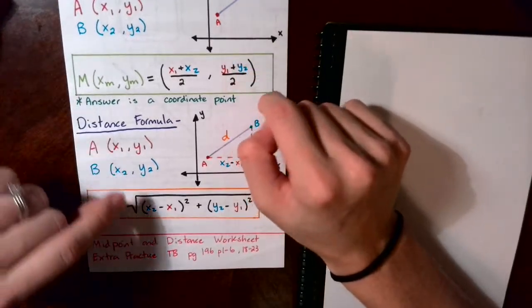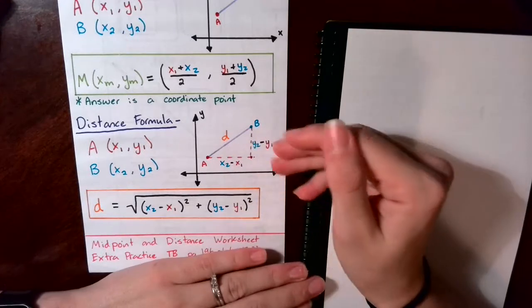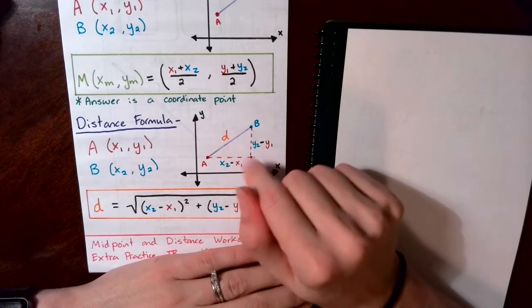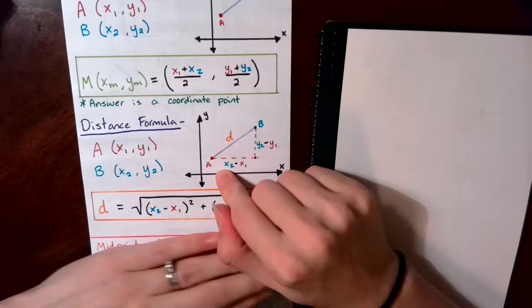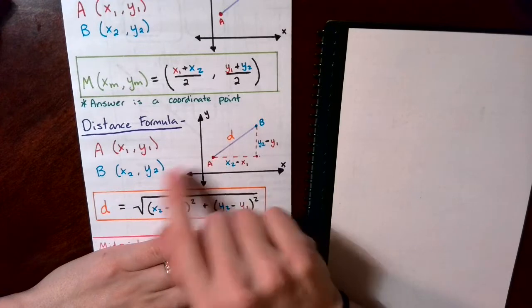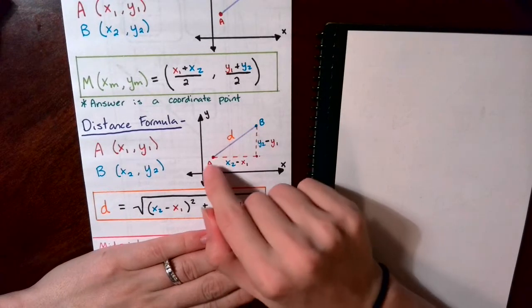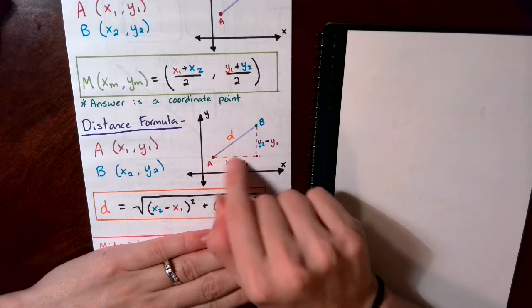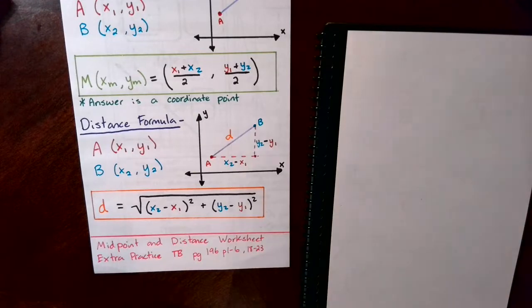It's a little bit more complicated, but this does use something we're going to be learning later on called the Pythagorean theorem, and that's what the distance formula is derived from. And so what we can see here is we know A is at x1, y1, and B is at x2, y2. And so this distance right here is from x2 minus x1.